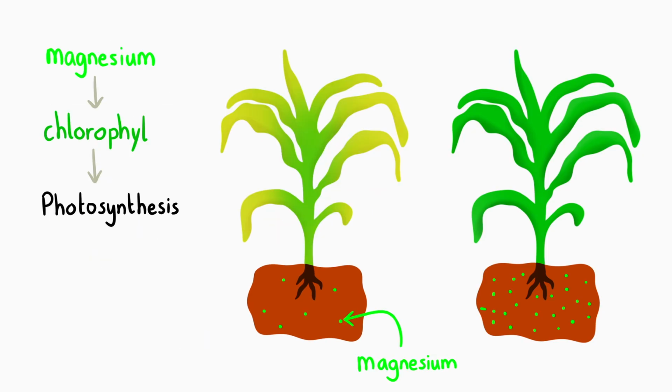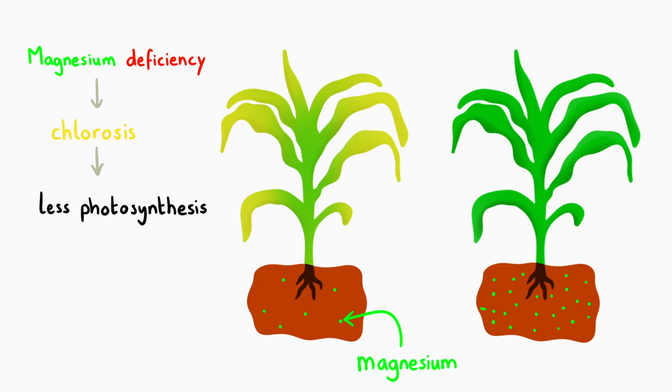Similarly, magnesium ions are essential for making chlorophyll, the green pigment needed for photosynthesis. Plants lacking sufficient magnesium may develop yellow leaves, chlorosis, and have reduced ability to photosynthesize. This yellowing might be confused with symptoms caused by certain pathogens.